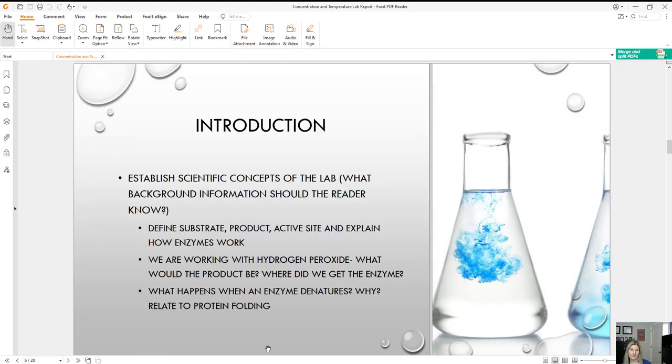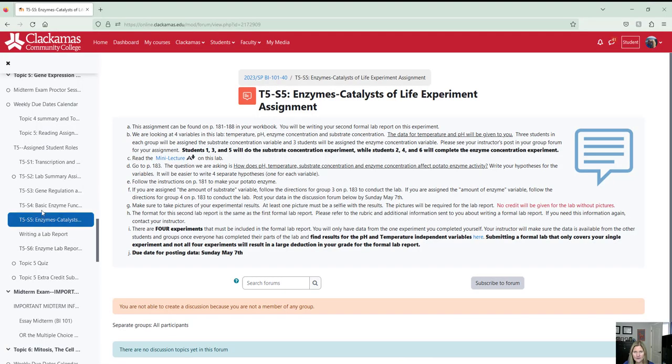Next, we need to establish the scientific concepts, our background information that we already knew going into this particular lab. For those of you that maybe don't have the strongest understanding of what a substrate, a product, an active site is, or how enzymes work, you will want to go back into Moodle and examine S5, S4.